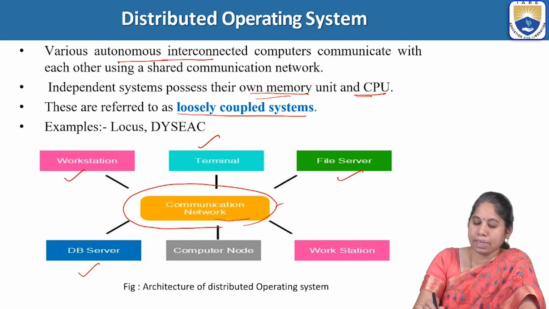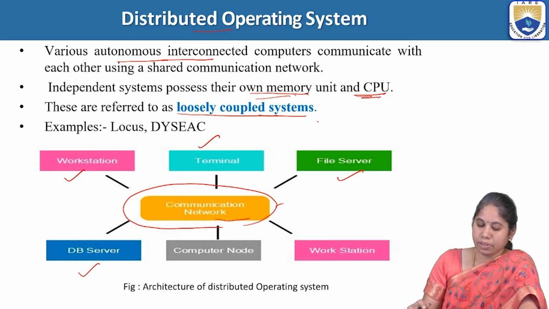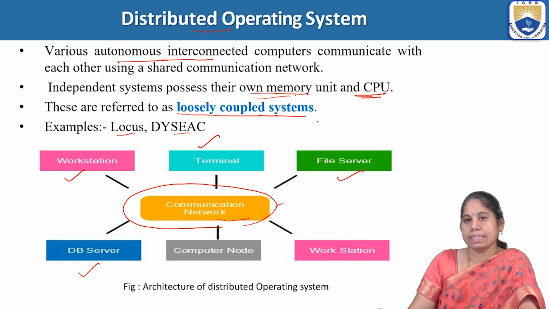The distributed operating system is a loosely coupled operating system, because each and every terminal, workstation or user in that pool has their own memory and their own CPU. Examples of the distributed operating system are Locus and DISIC. Many more still exist, but I have taken only two.